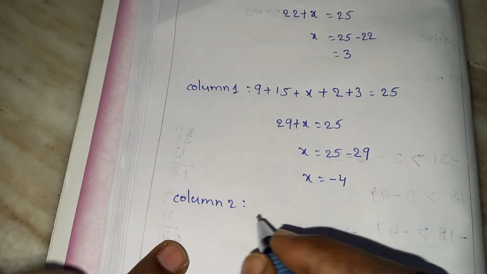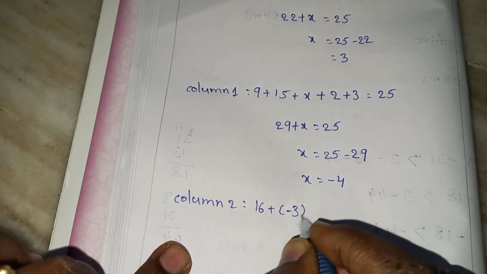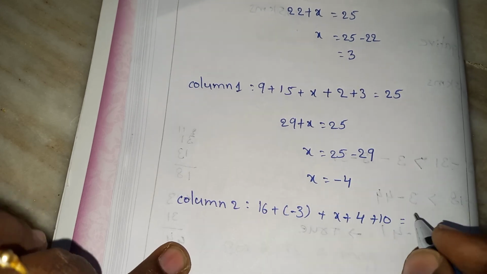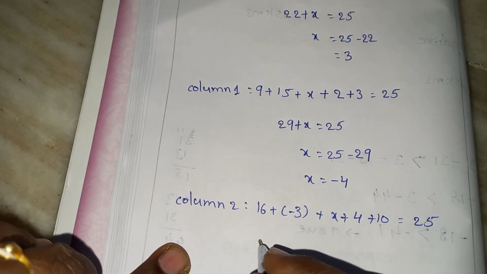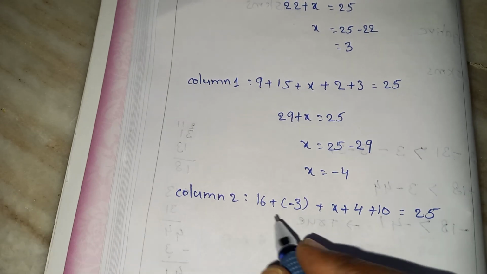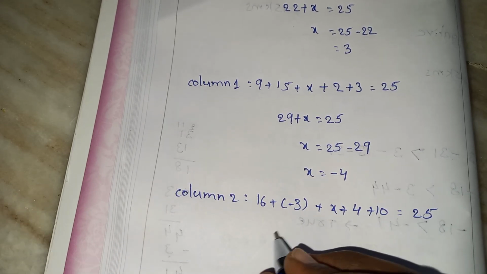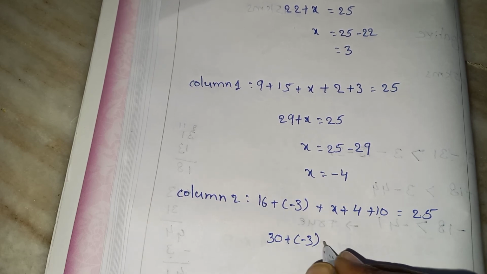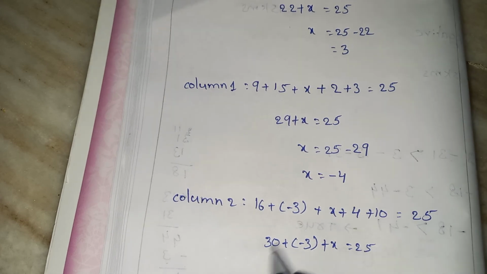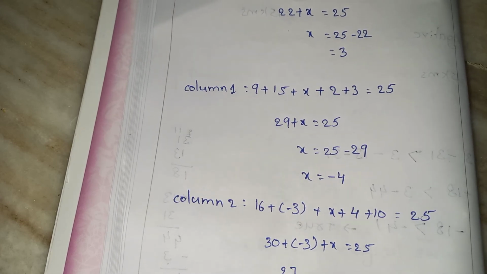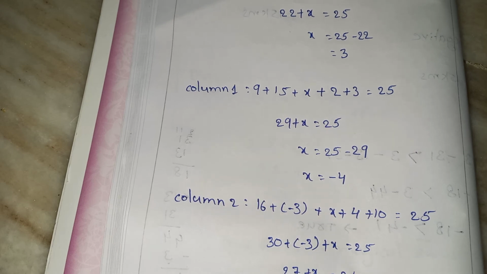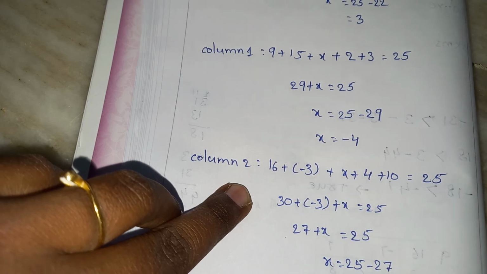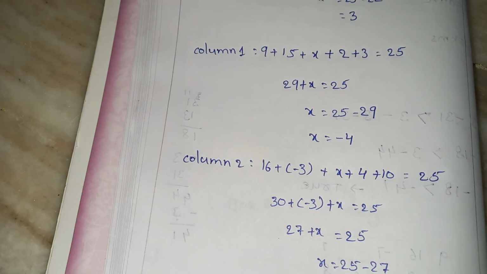Now let us move to the next column. Column 2: 16 plus minus 3 plus x plus 4 plus 10 equals 25. Add all these things. 30 minus 3 is 27. 27 plus x is equal to 25. x is equal to 25 minus 27, which means minus 2.